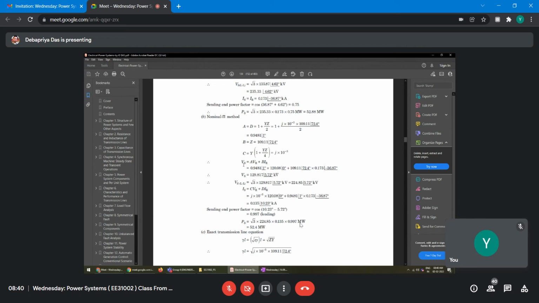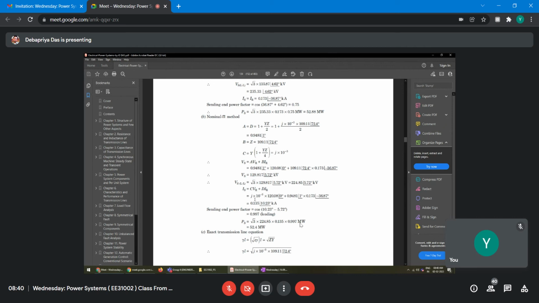Now the sending end voltage Vs is equal to A VR plus B IR. Therefore, you put these A, B, C, D, and all the parameters VR, IR, and you will get the sending end voltage equal to this much. Then line to line, multiply by root 3. Then IS is equal to C VR plus D IR.